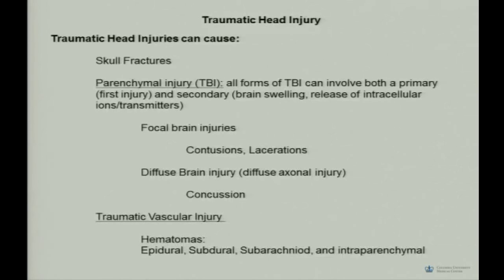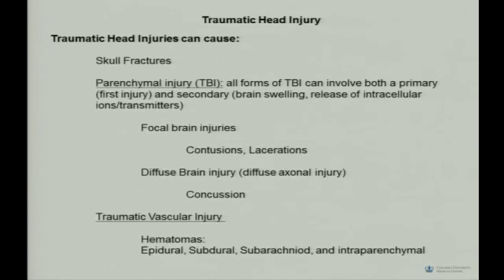Okay. So in terms of clinical intervention, preventing further damage to the brain as a result of secondary injury is extremely important with TBIs. So what are the sort of variety of traumatic brain injuries that we see?